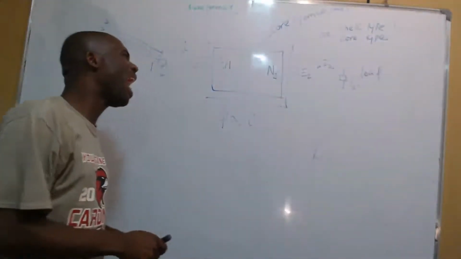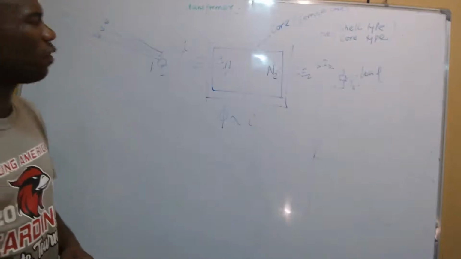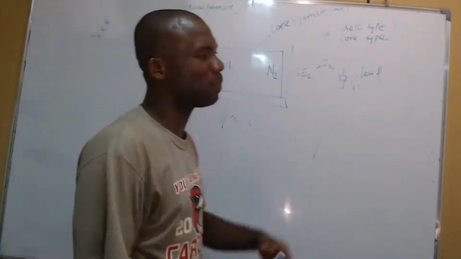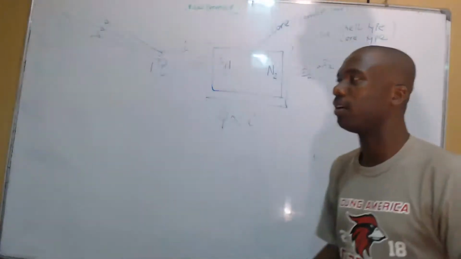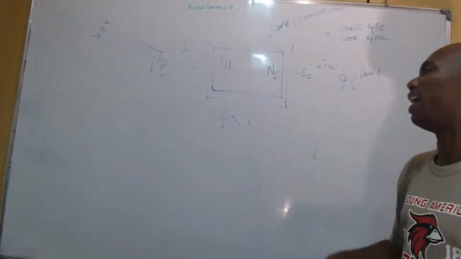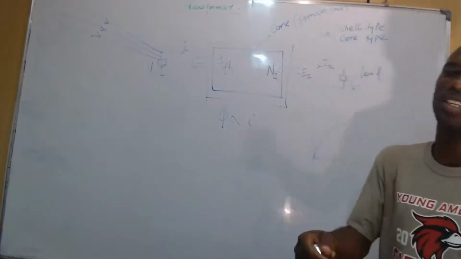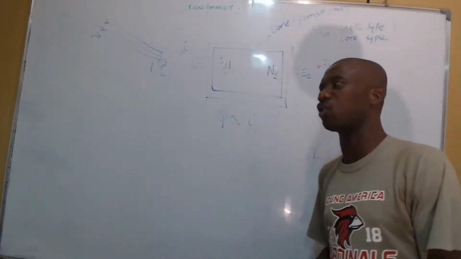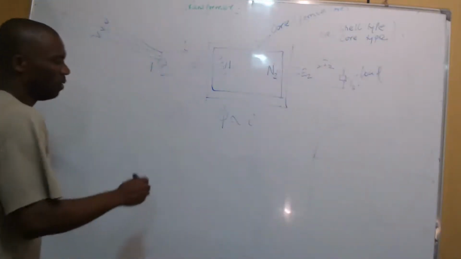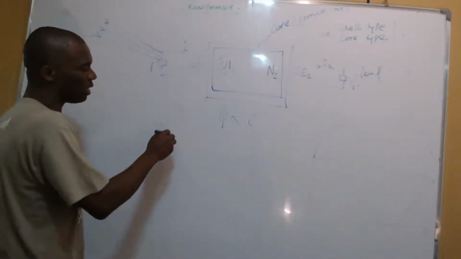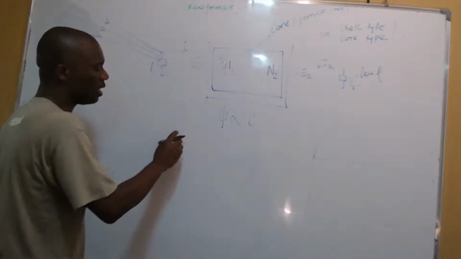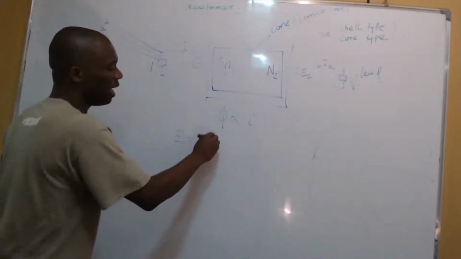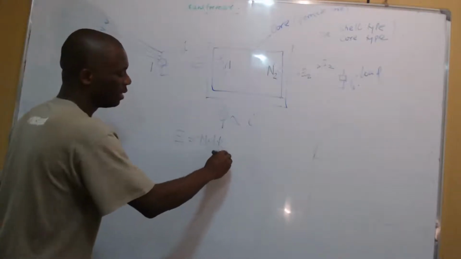Now, a transformer works on the principle of electromagnetic induction. I've seen it in your exam. They say, on what principle does a transformer work? A transformer works on the principle of electromagnetic induction, which says that whenever there is a change in flux, the induced EMF is equal to minus N d phi over dt.